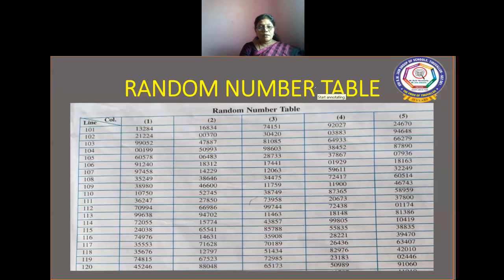So we can have our choice. Each student must be assigned a number ranging from 1 to 2000, because we selected 2000 students. So we should allot the numbers from 1 to 2000.